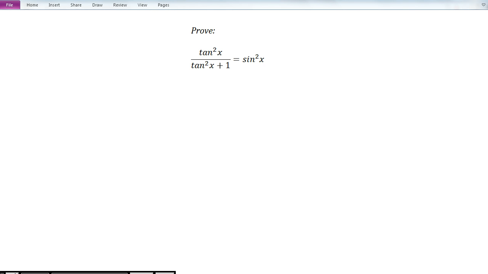Okay, let's try a harder one here. I think that when you look at this problem, a lot of students will try to mess with this fraction. A mistake is to say that tangent squared x over tangent squared x plus 1 is equal to tangent squared x over tangent squared x plus tangent squared x over 1.